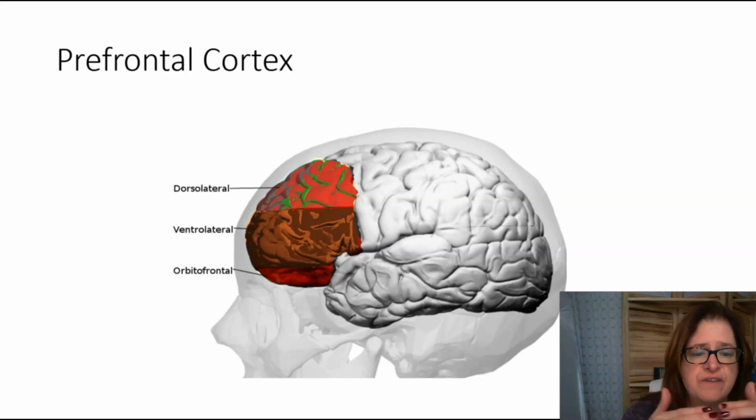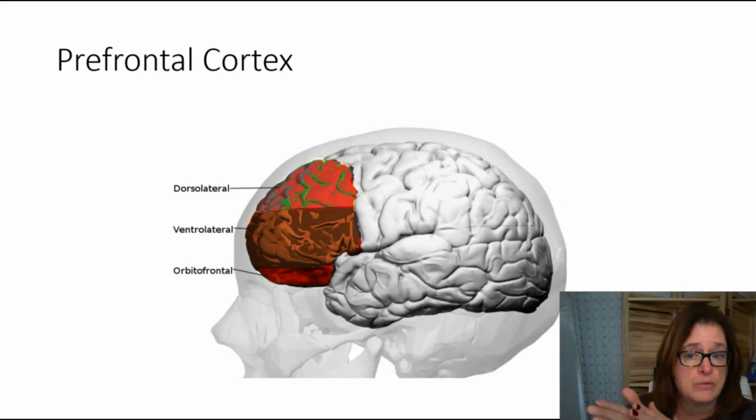So when there's dysfunction here, we don't have that same modulation. And we see that sometimes with borderline personality disorders. It does have hemispheric differences, just like we saw with the dorsolateral prefrontal cortex. The left is more associated with positive emotions, and the right with more negative emotions.